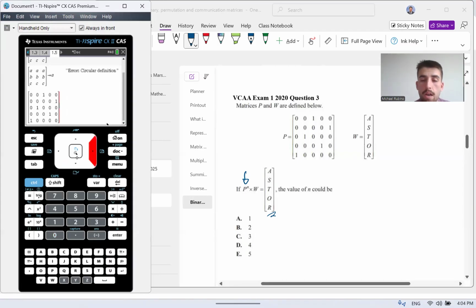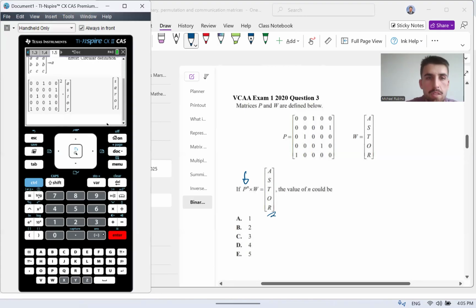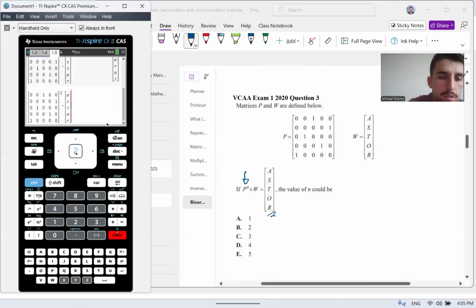If we square it, what might happen if we multiply it by a 5x1, so 5 rows, 1 column, using A, S, T, O, R? If we square it, it becomes Sarot. So squaring it won't be Astor. What if we cube it?